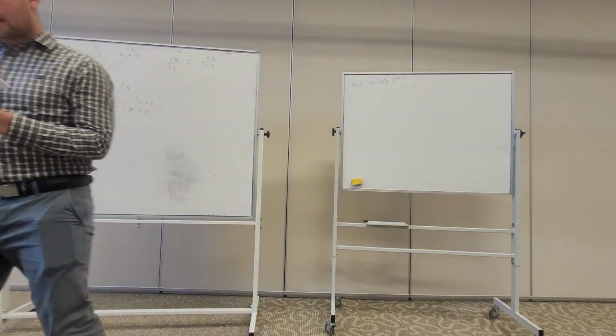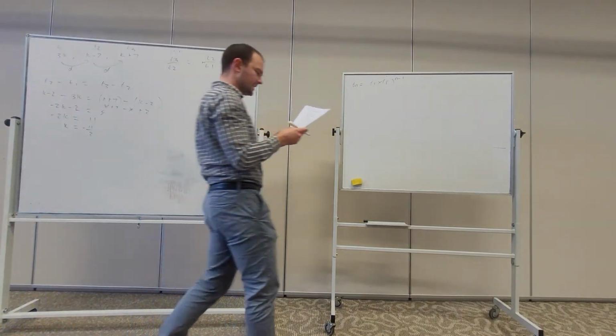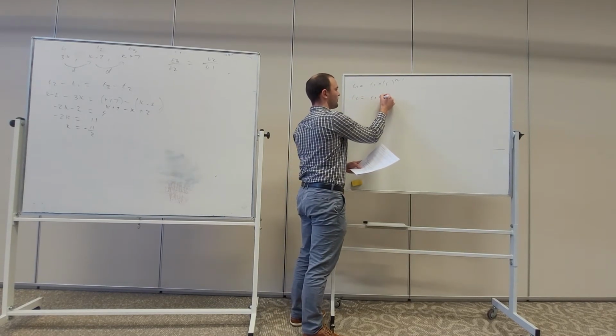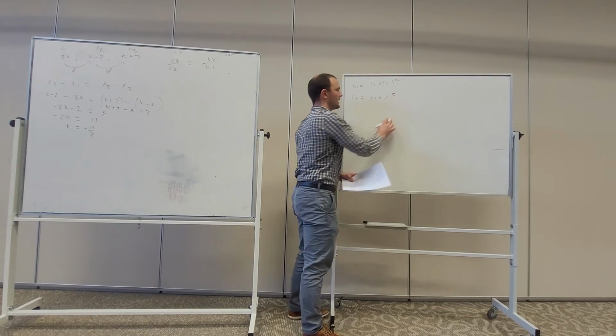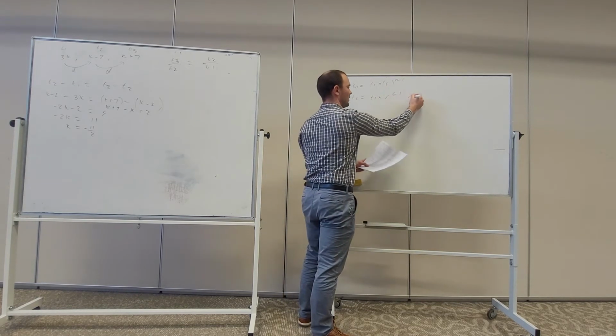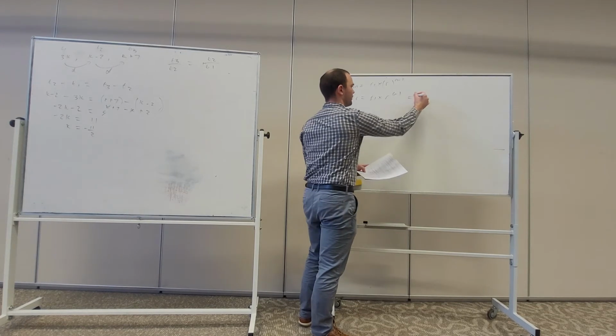And the pieces of information we're given are T6 is 16 on 3. So that's T1 times R to the power of, let's do it slowly, 6 take 1.